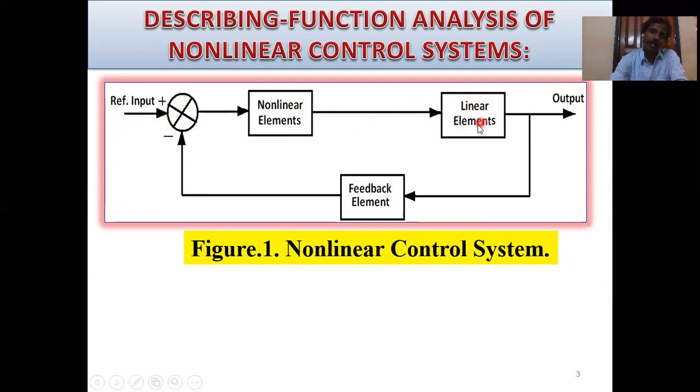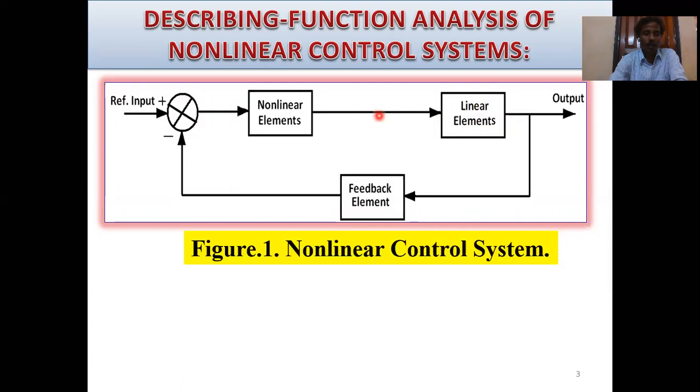This is actually a minimum phase filter or low pass filter, and this filter is always stable because all the poles and zeros are on the left hand side of the S plane, and this is the output of the system. The output of the nonlinear element is periodic and of the same fundamental frequency as that of the input signal.